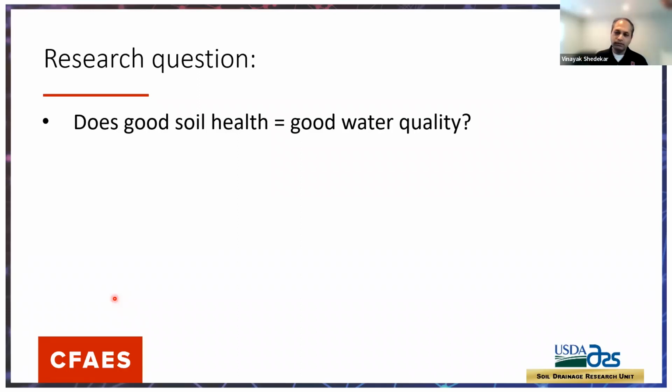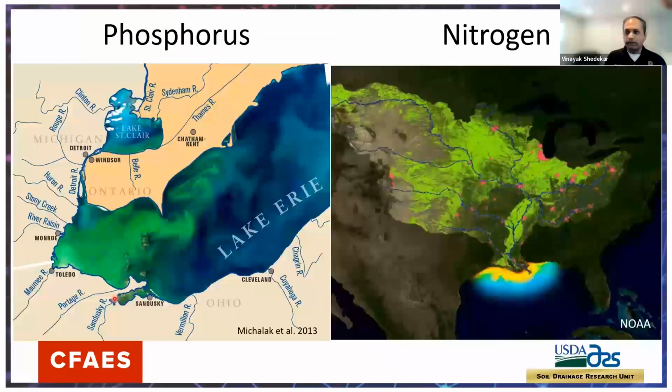An important question to answer here is, does good soil health automatically mean good water quality? The context here is that we are all very much aware of the water quality issues we're facing in the state with the Western Lake Erie Basin, facing more harmful algal blooms.